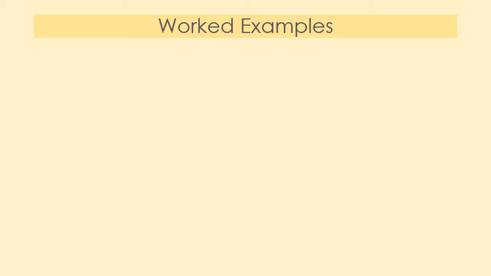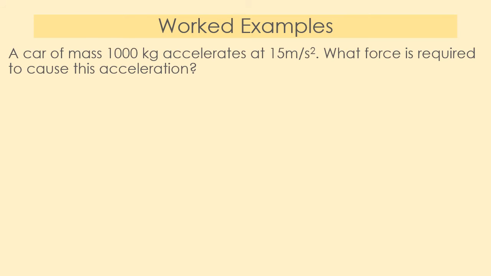So we're going to have a look at some examples of how to do this. A car of mass 1,000 kilograms accelerates at 15 meters per second squared. What force is required to cause this acceleration? So we write down our formula, F = ma. We look at what we've already got: the mass is 1,000 kilograms and the acceleration is 15 meters per second squared.